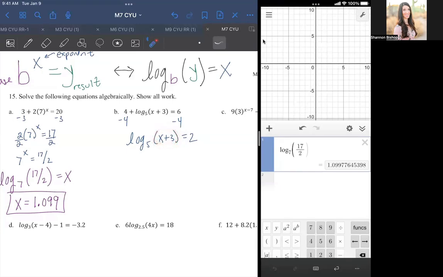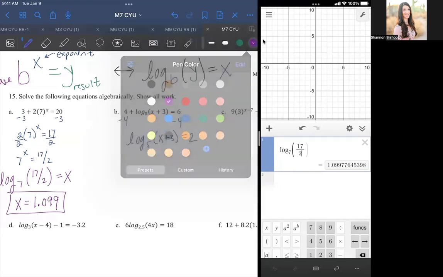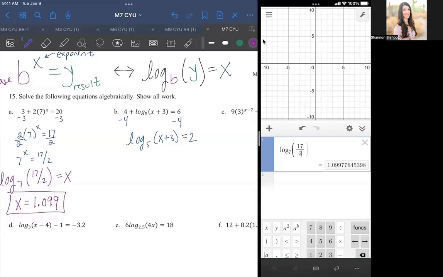There's no other math that we can do other than invert it, officially write it in its inverse form, which the inverse of a logarithm will be an exponential. So I'm now going to write it in exponential form, and this is me officially taking the inverse. The base is 5, the power is 2, and the desired result is x plus 3. And now this is something we can solve. 5 squared is 25.